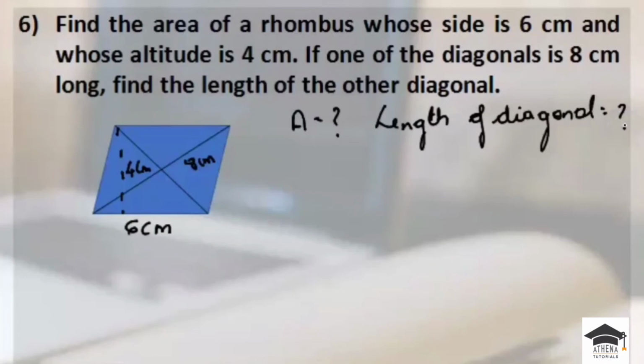Before solving this problem, I want you to know that a rhombus is a parallelogram. All properties of a parallelogram hold good with a rhombus. So, by using the formula to find the area of a parallelogram, we can find the area of a rhombus.